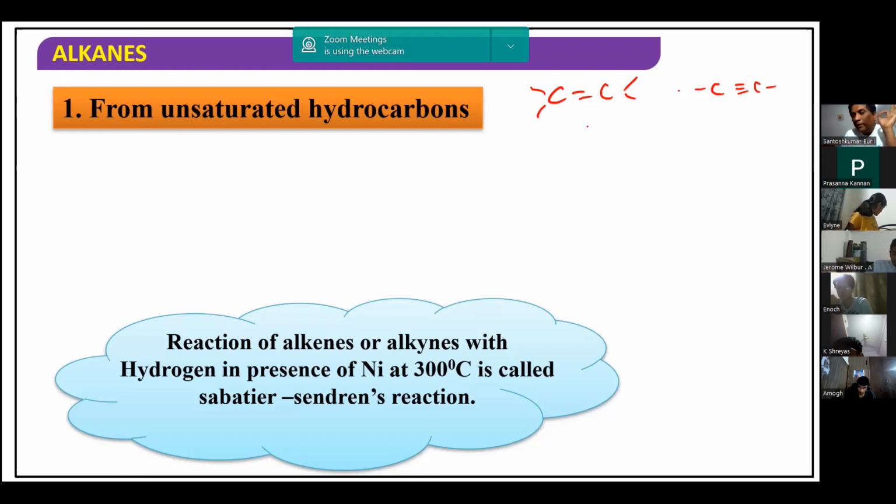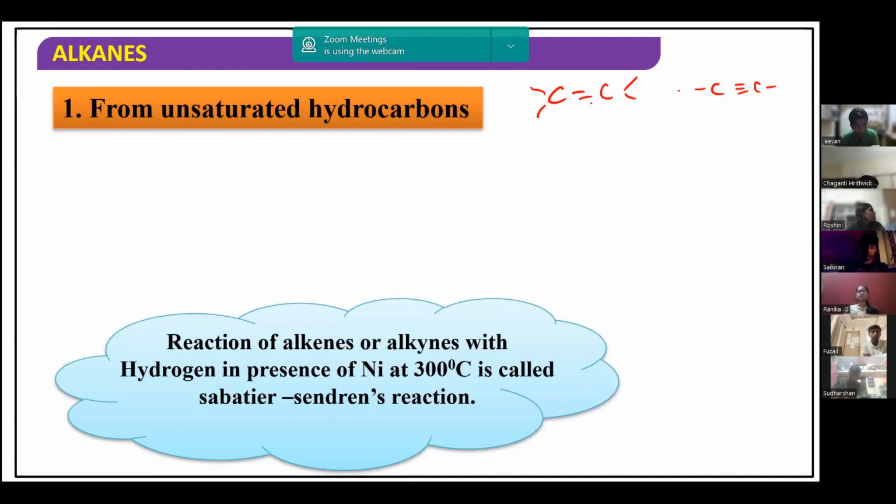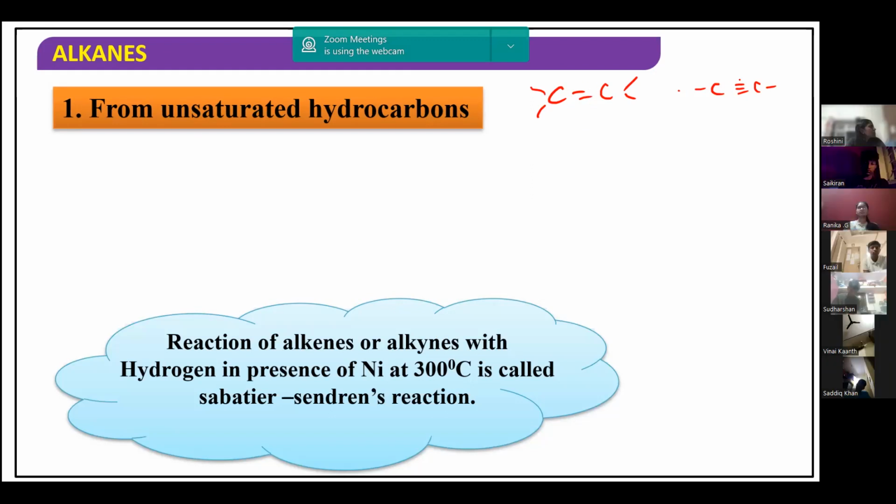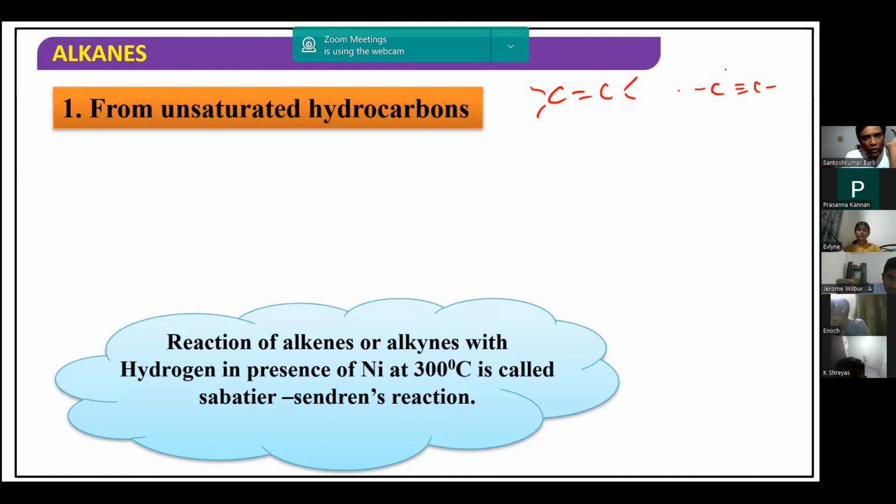So how can I prepare the alkanes from this? I have to convert this double bond into a single bond, and this triple bond into a single bond. And I can add only hydrogen because it is a hydrocarbon. I have to add only hydrogen here, no other element. So I have to use hydrogen gas, H2, and add it to both of these so that I can prepare this alkane.